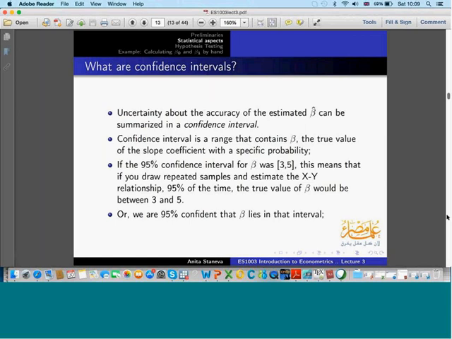A confidence interval is a range that contains beta, the true value of the slope coefficient, with a specific probability. If the 95% confidence interval for beta was, for example, between 3 and 5, this means that if you draw repeated samples and estimate the XY relationship, 95% of the time the true value of beta would be between 3 and 5. Or we are 95% confident that our beta lies in that interval.